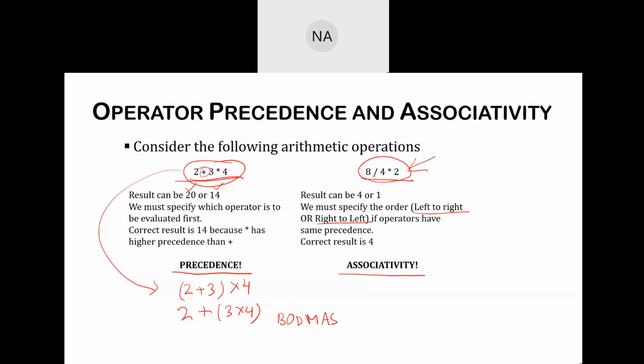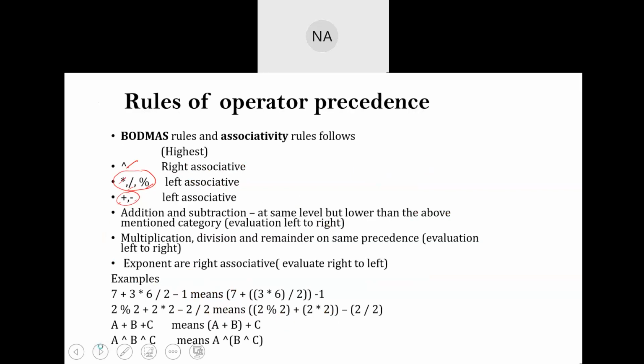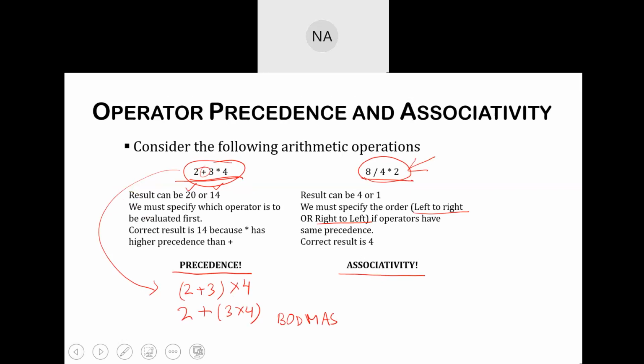For the multiplication and division group, the associativity is left to right, that is, the operators are evaluated from left to right. First the leftmost operator will be evaluated and so on. In this case the leftmost operator is division, so 8 divided by 4 will be evaluated first, giving 2, and then multiplication, 2 into 2, giving 4. So the correct answer is 4.